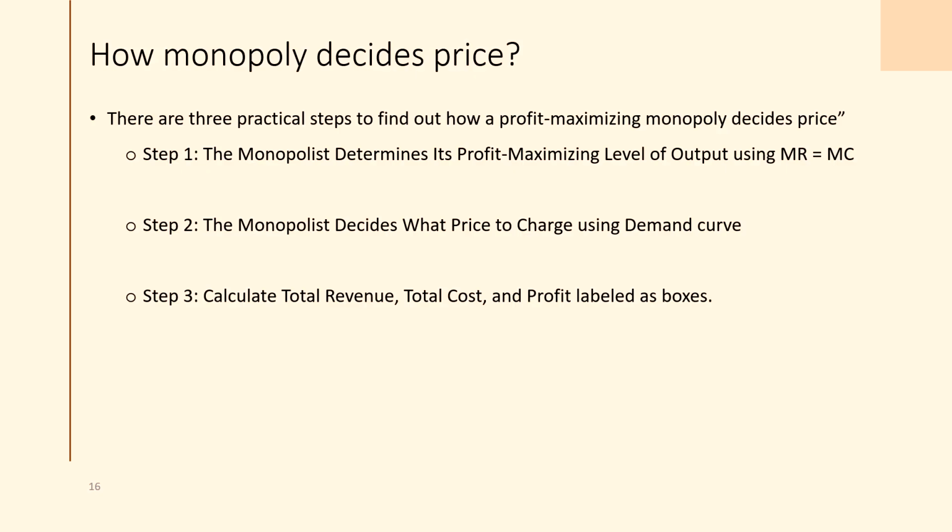Once the firm knows the profit maximizing quantity, it looks at the demand curve to find the highest price consumers will pay for that quantity. Step 3 is to calculate total revenue, total cost, and profit using the rectangle areas on the graph. This 3-step method is one of the most important tools for understanding monopoly behavior.